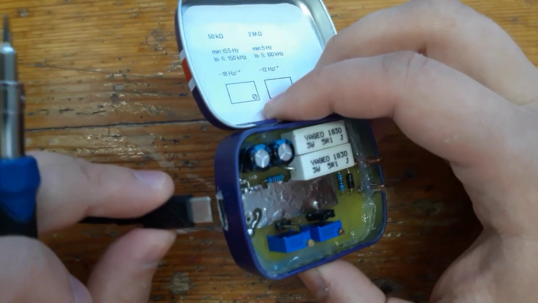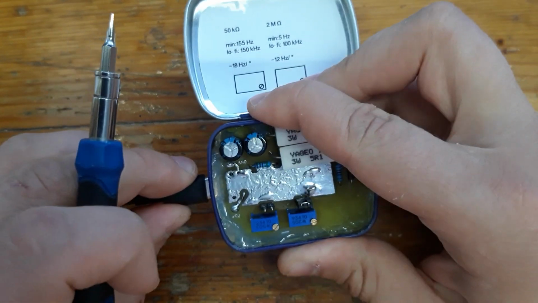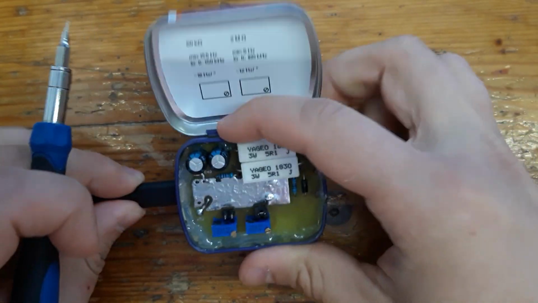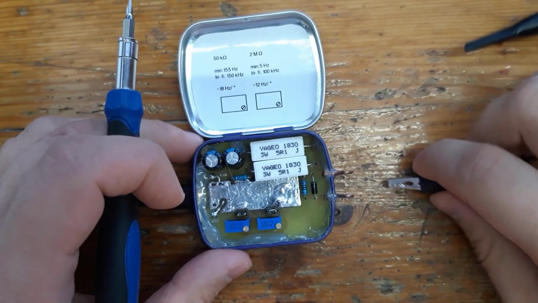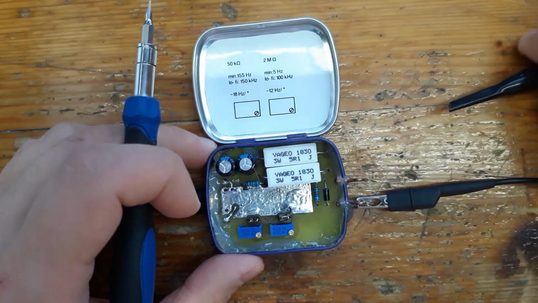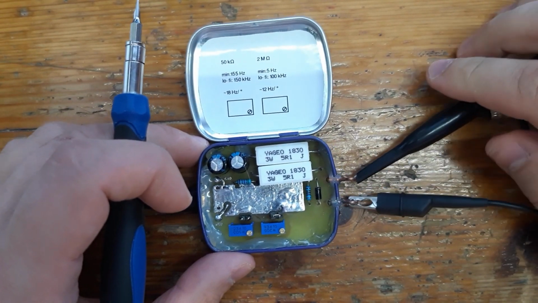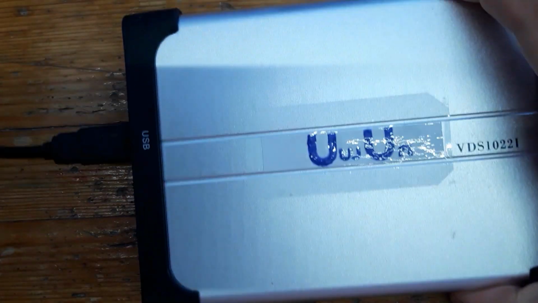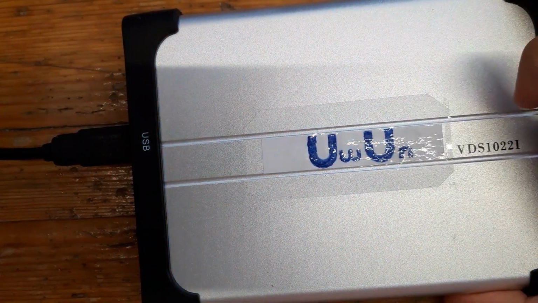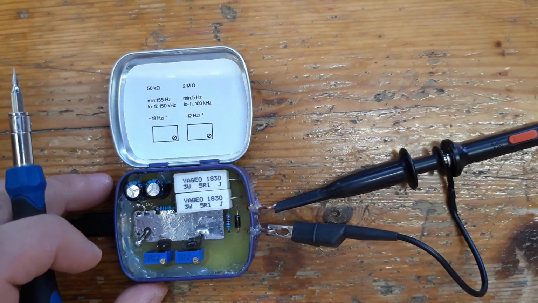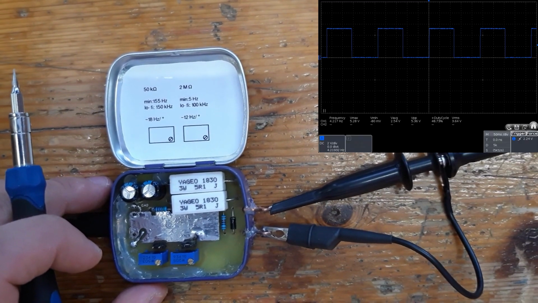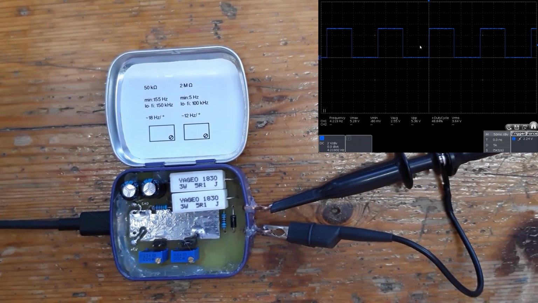Let's hook it up and see it in action. And let's hook up the oscilloscope. Grounds first. I am using digital oscilloscope, and yeah, here's the output signal.